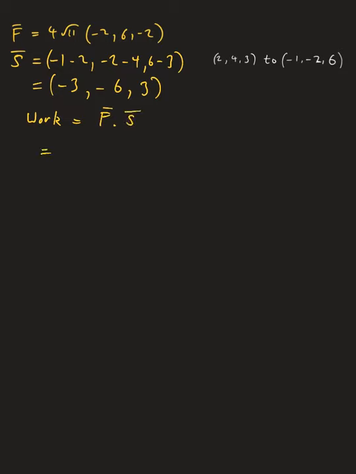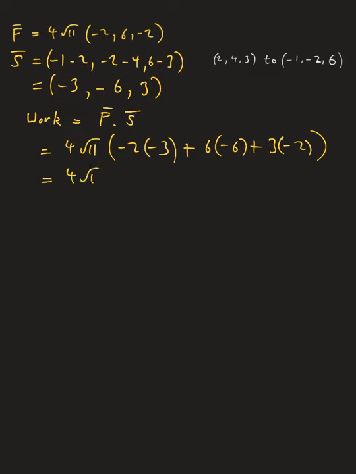So that's equal to, the 4 times root 11 will come out in front, and then it's -2, the first element of F, times -3, the first element of S, and so on, plus 6 times -6, plus 3 times... sorry, plus -2 times 3.